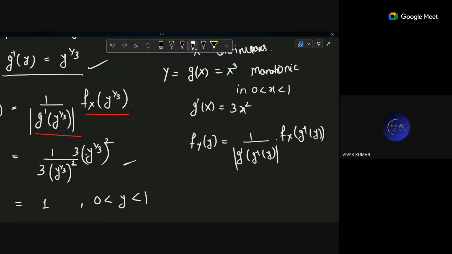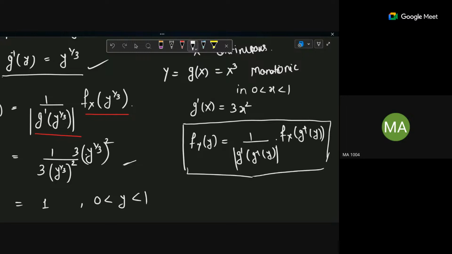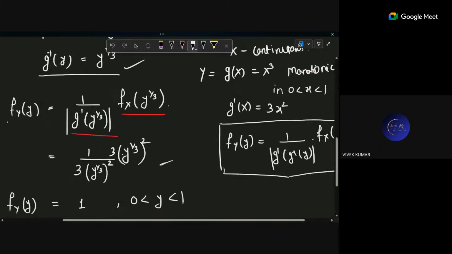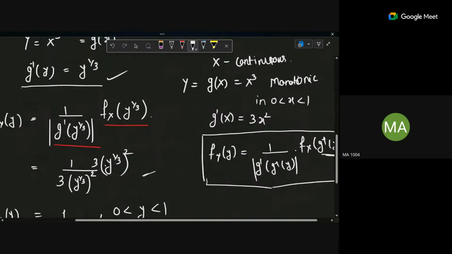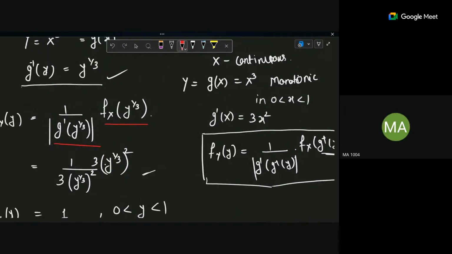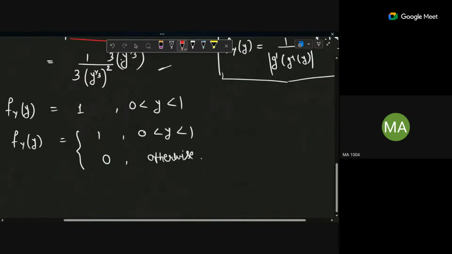Now I get it, ma'am. This is the theorem. So what we did, we just calculated g inverse of y. What's g inverse of y? y to the power 1 by 3, ma'am. Yes, y to the power 1 by 3. Okay, that's fine for you. Yes, ma'am, I got it. Okay, then fine.